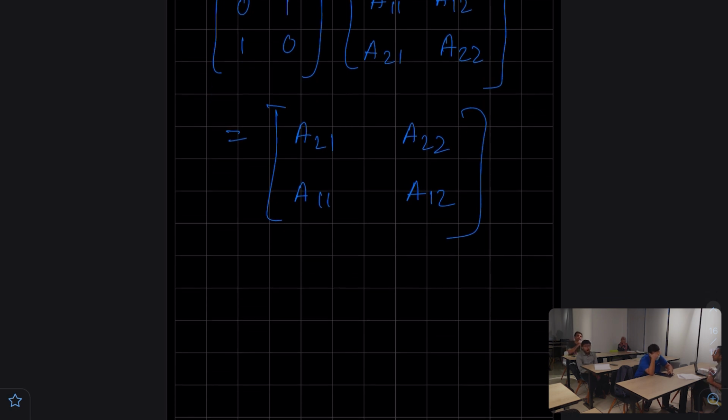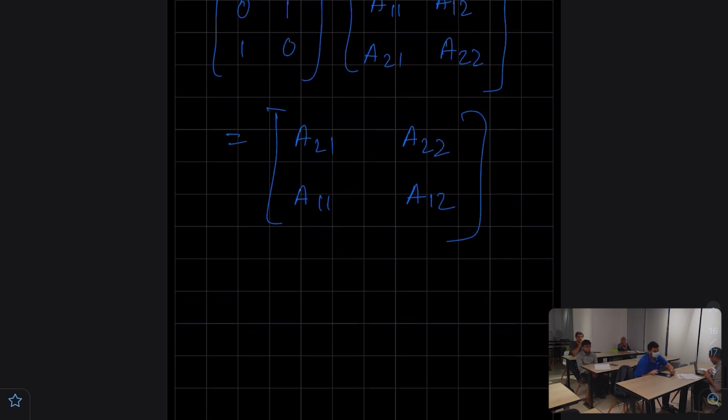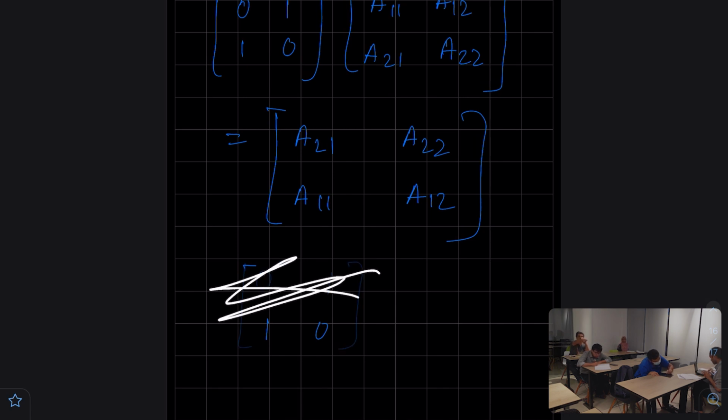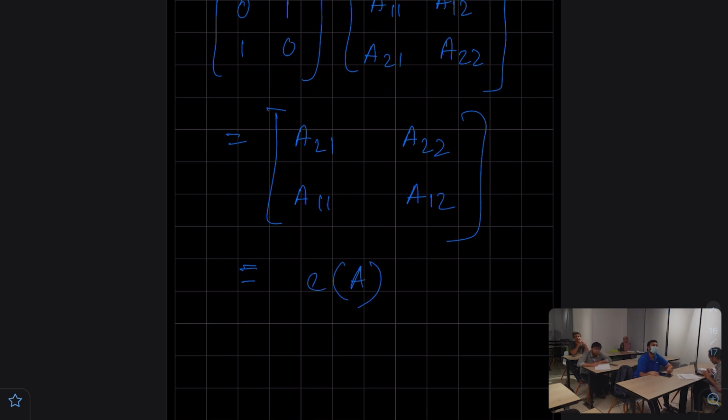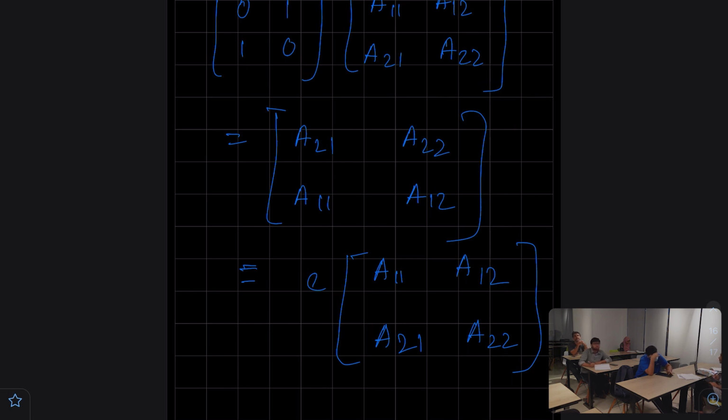So you can write it like, E of the whole matrix A11, A12, A21, A22 is equal to 0, 1, 1, 0 multiplied by that matrix.